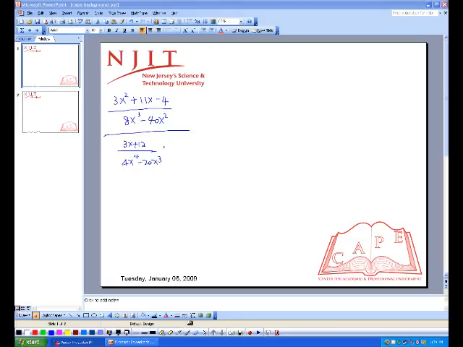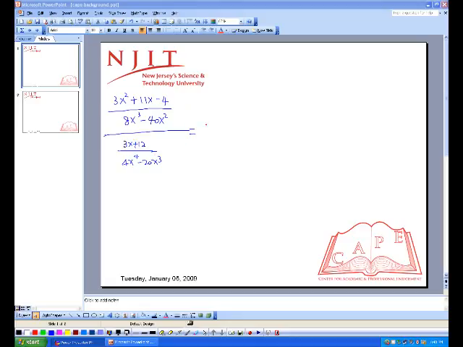Okay, so here we have to use knowledge we learned before. When you have one fraction divided by another fraction, it's the same as you have one fraction multiplied by the inverse of the other fraction.